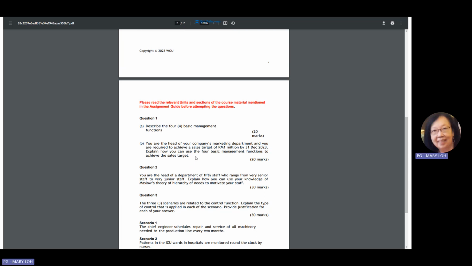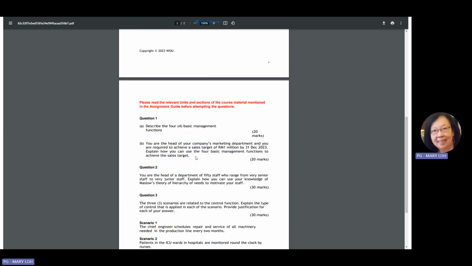As part of the planning, I will draw up, or you can say a marketing plan will be drawn up. And inside the marketing plan, I will set the goal of achieving the sales target of 1 million by December 31st, 2023. So that means you are planning to actually set the target.